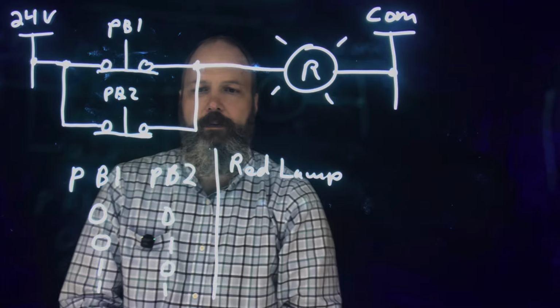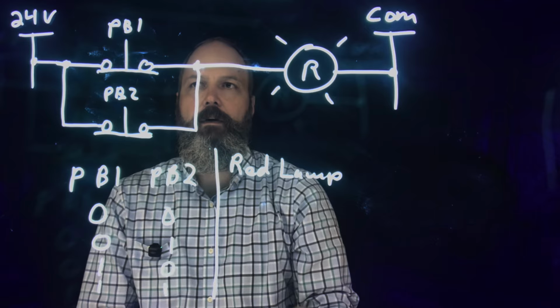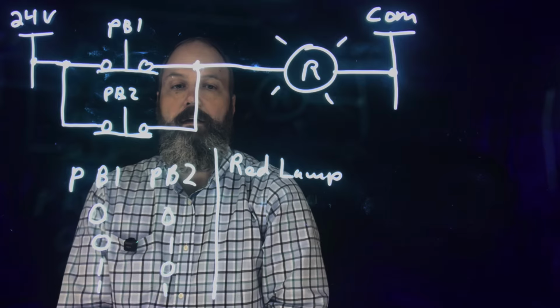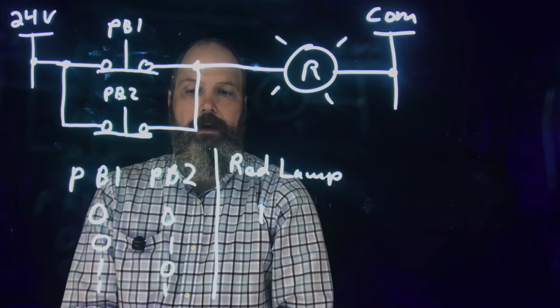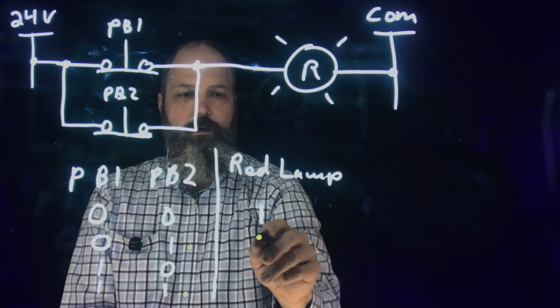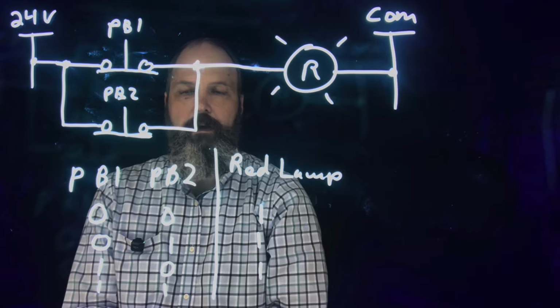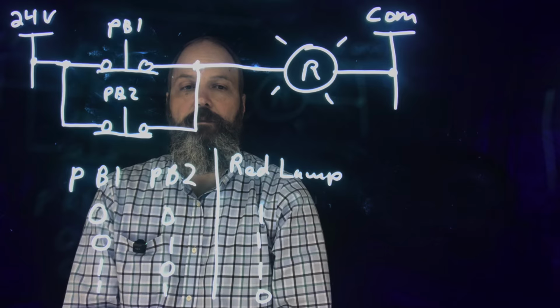If you press neither switch here, we will have an output. If you press one or the other, you still will have an output. But if you press both buttons, you will have no output.